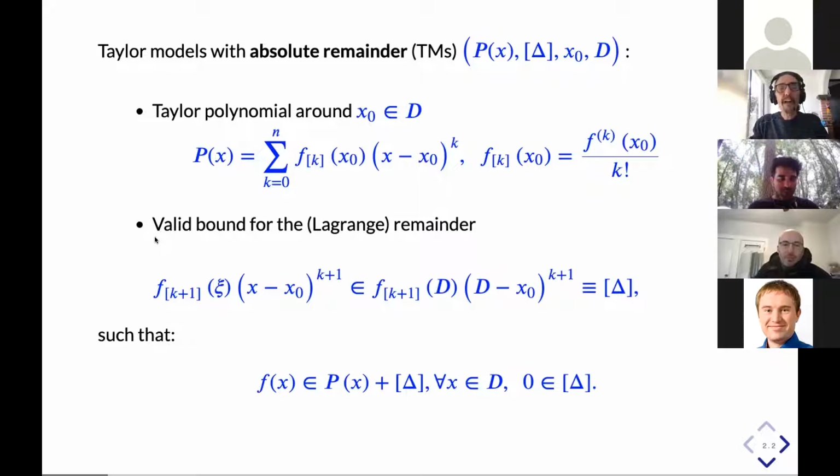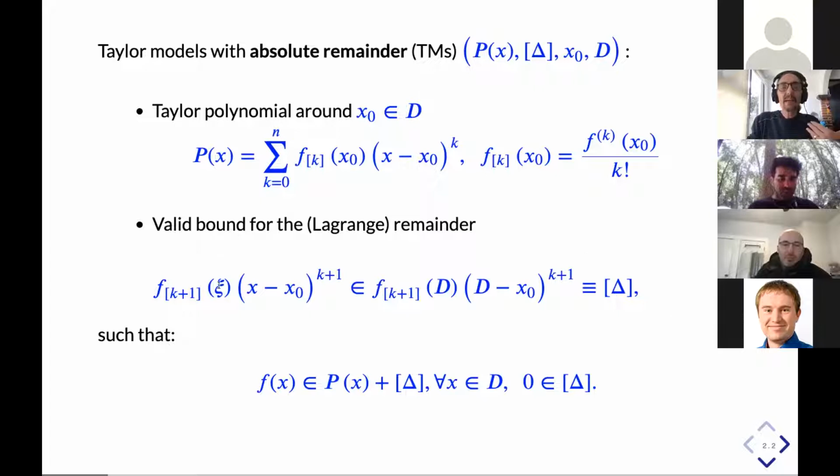Now, in order to find a valid bound, what we use is essentially Taylor's theorem, which means use the Lagrange remainder. And the Lagrange remainder is, take the next derivative of your order. So if your expansion is up to order n, then you go to n plus 1; this should read n plus 1 everywhere.